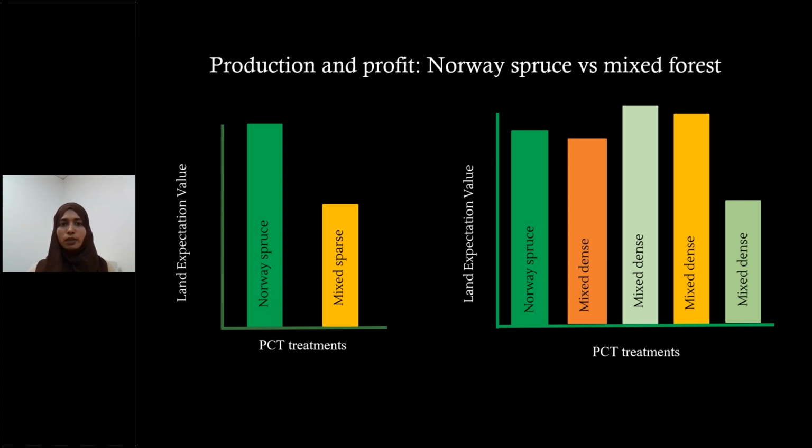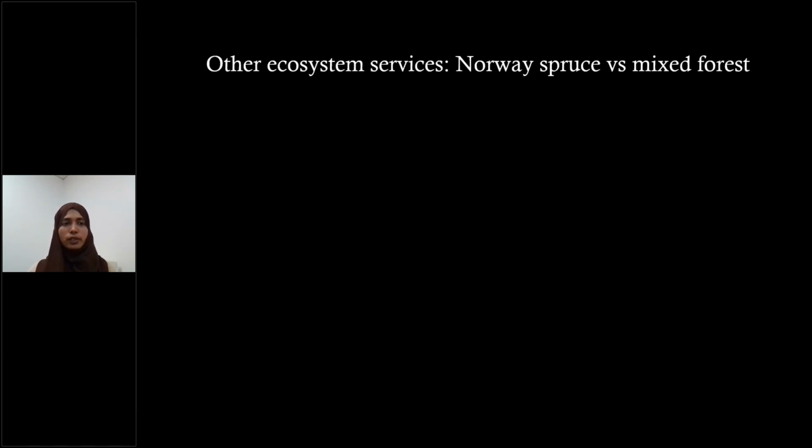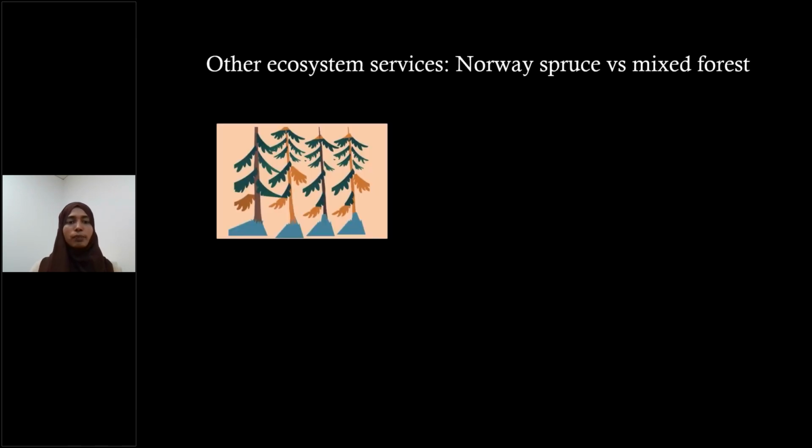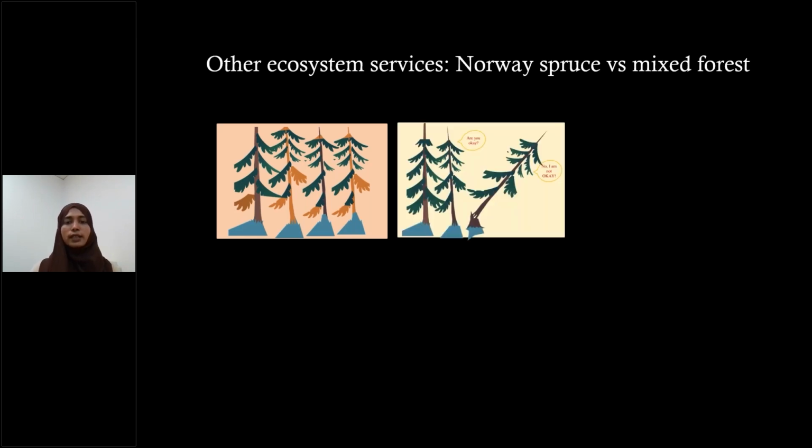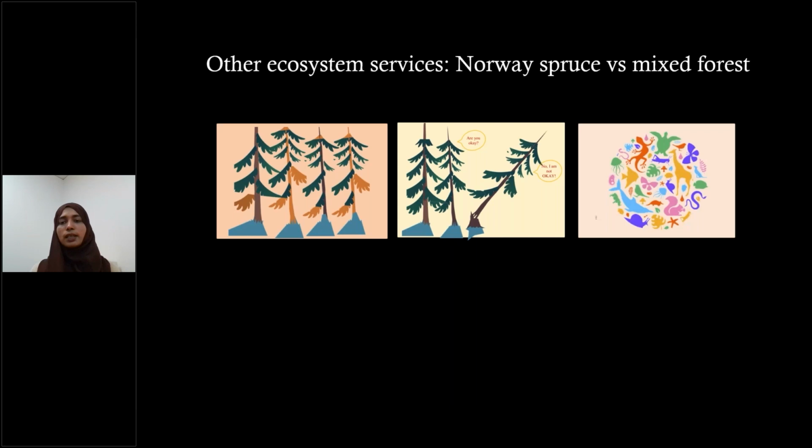Okay, so now, we also compare the other ecosystem services between Norway spruce and mixed forest. From the earlier literature, we found that mixed forests provide more protection against pests and pathogens, more stand stability, and increased biodiversity.